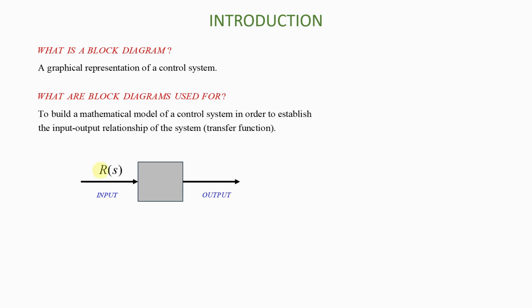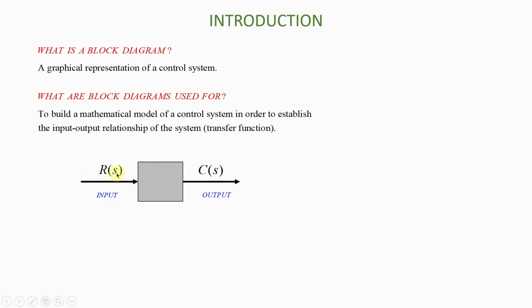And so R is used to refer to inputs, and C is used to refer to outputs. In some cases, they may also use X and Y, but generally it's going to be R and C, especially in this module. Inputs, we use the letter R, and for outputs, we use the letter C. Both of them are functions of S because we are in the S domain or the Laplace domain.